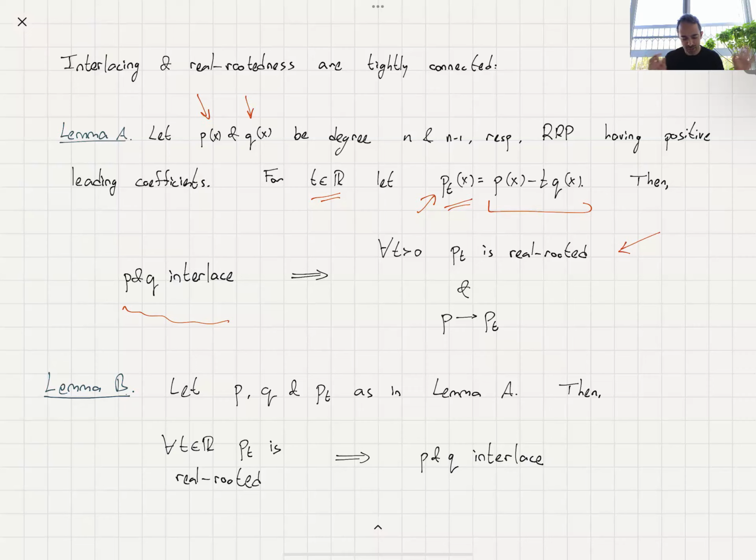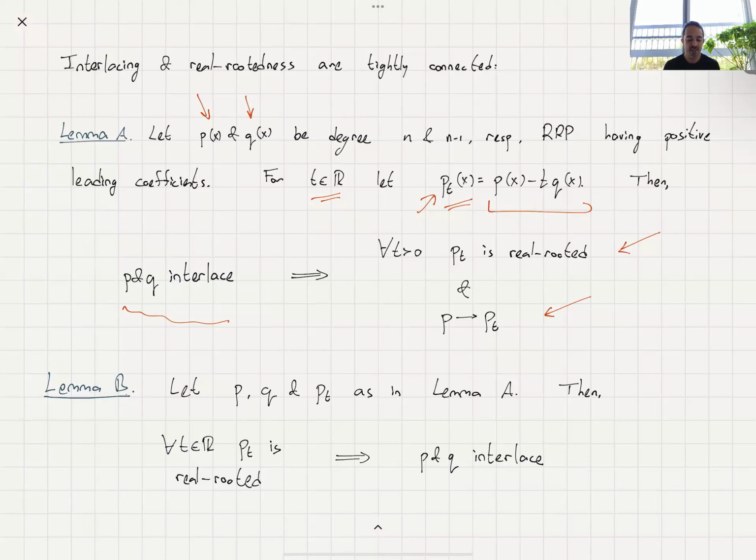But anyhow, formally, for any t larger than 0, P_t is real-rooted, and P interlaces P_t. Right, so the roots of P are below the roots of P_t. Now that it is real-rooted, you can say that.